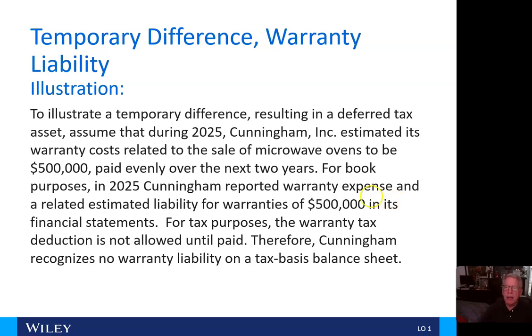Now, let's take a look at temporary differences, this time with a warranty liability. And to illustrate a temporary difference resulting in a deferred tax asset, we're going to assume that during 2025, Cunningham Incorporated estimated its warranty costs related to the sale of Microsoft microwave ovens to be $500,000, paid evenly over the next 2 years.